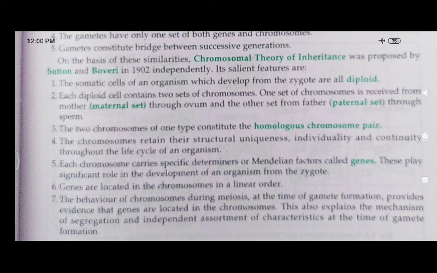And at last we can say that during meiosis, or gamete formation, the two chromosomes of the homologous pairs get separated from each other. Since factors are located on the chromosomes, they also get separated.